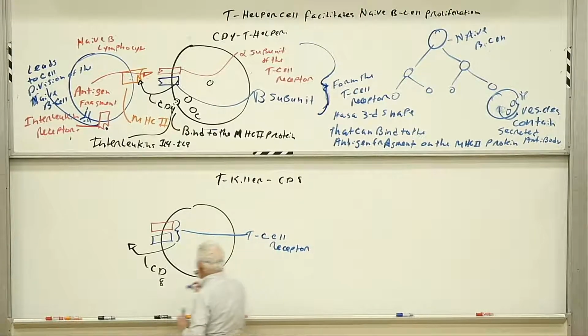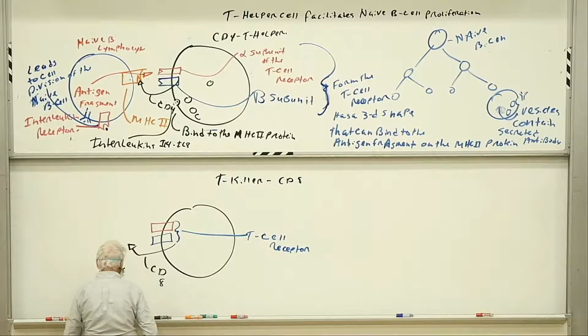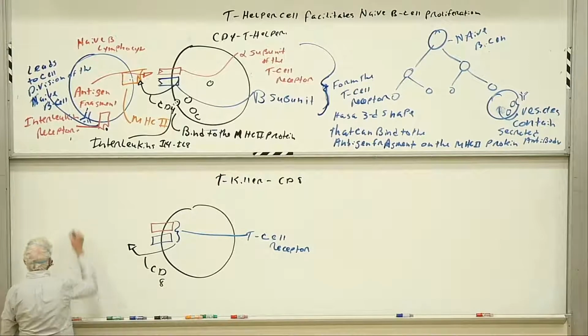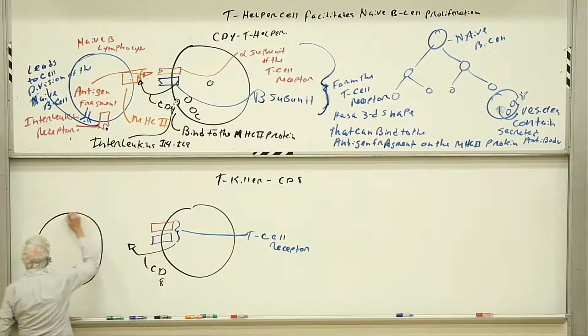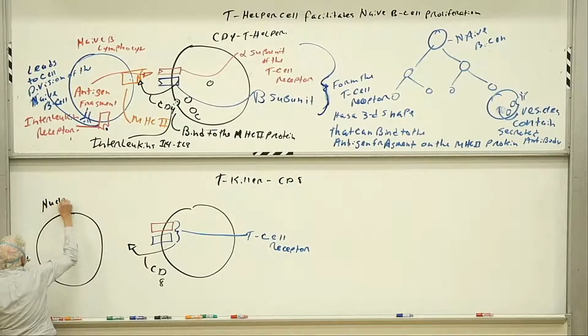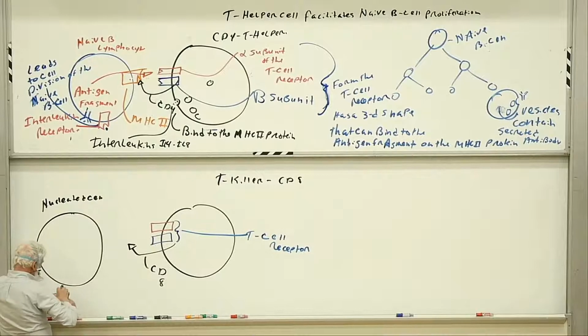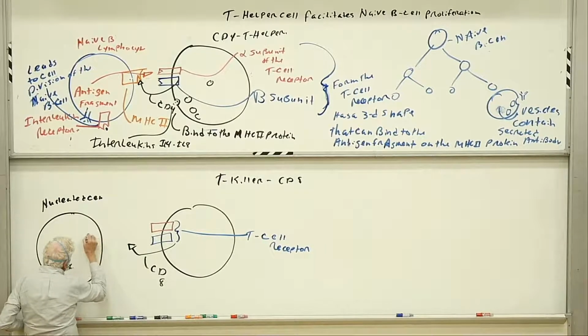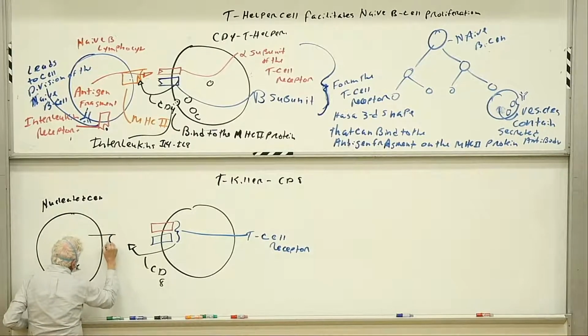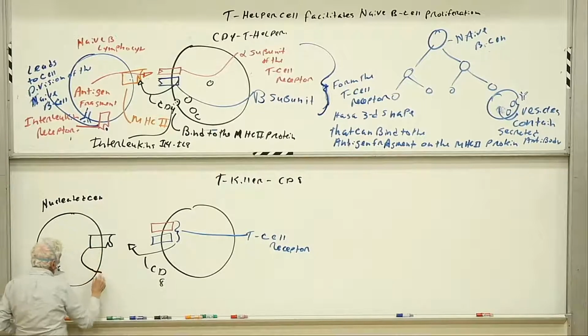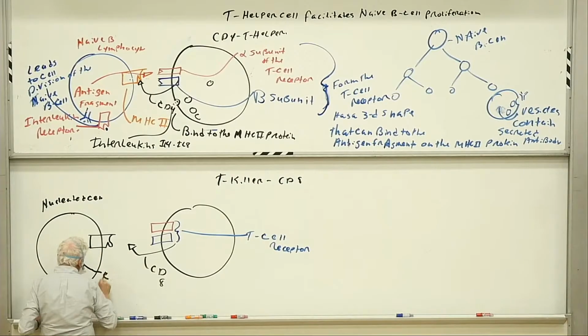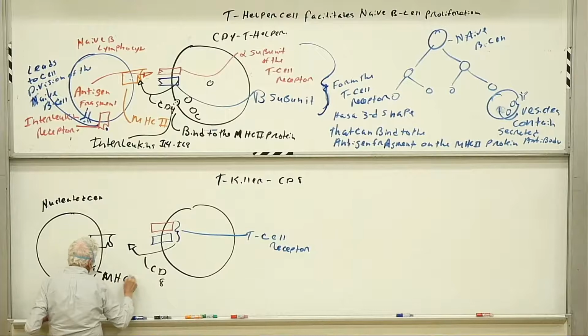Now remember, the CD8 is going to recognize something called MHC1. So over here is going to be a garden variety nucleated cell. On its surface will be a transmembrane protein called MHC1.